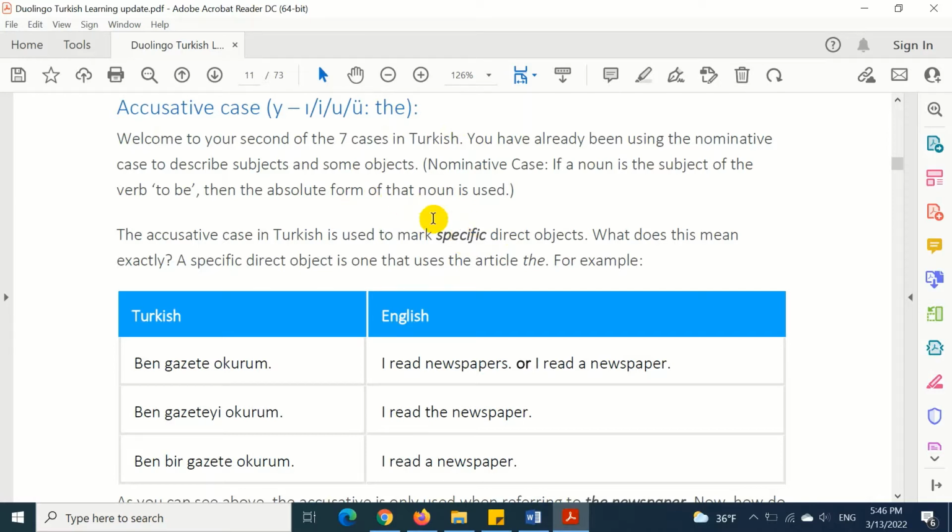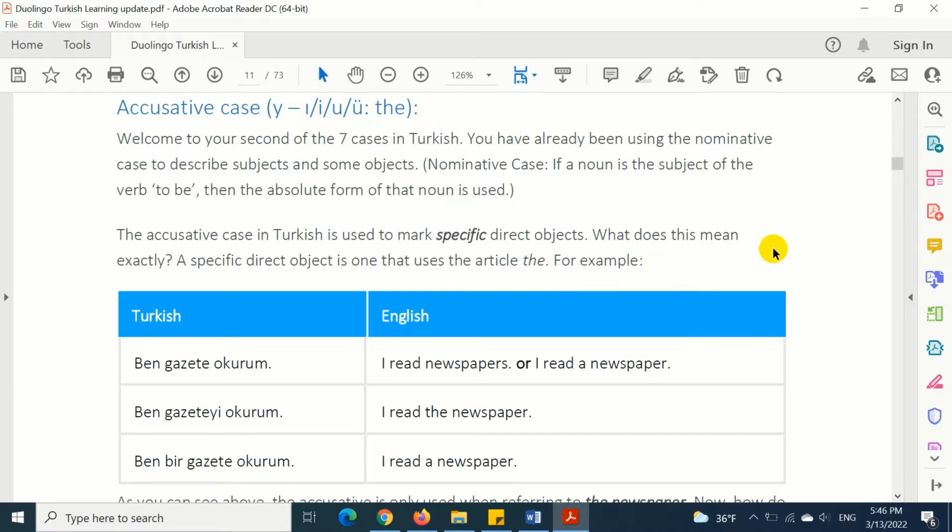And in Turkish we add a suffix for that case. When a noun is a specific direct object, we add one of these 4 suffixes considering the vowel harmony. Now you know when to add each of these suffixes.